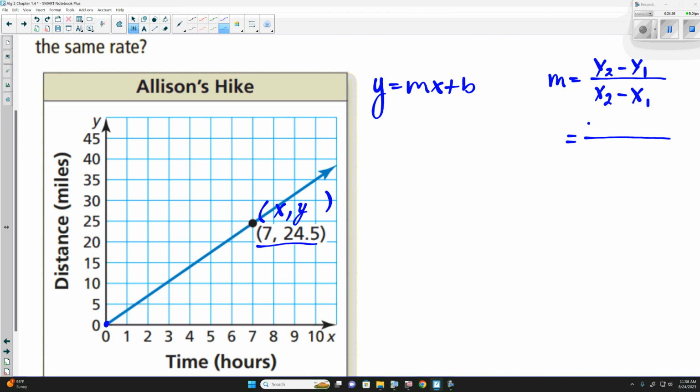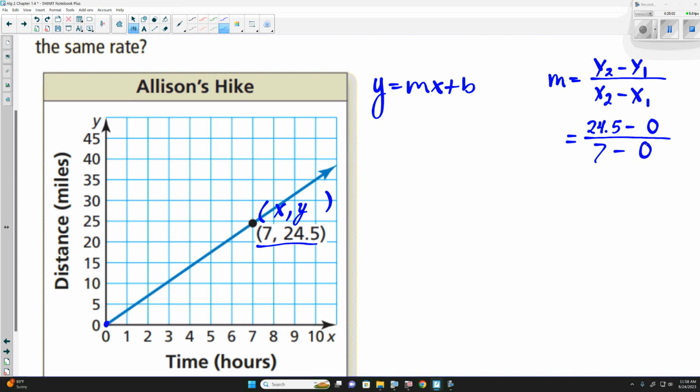So one of our y values is 24.5, which means its corresponding x value is 7. Since we put 24.5 first, we have to put 7 first. Minus, what is our other point? 0, 0. So the y value is 0 and the x value is 0.